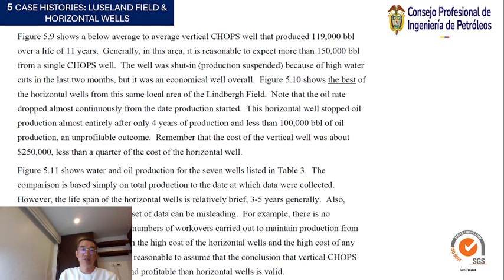The comparison is based simply on total production to the date at which data were collected. However, the lifespan of the horizontal well is relatively brief, 3 to 5 years generally.